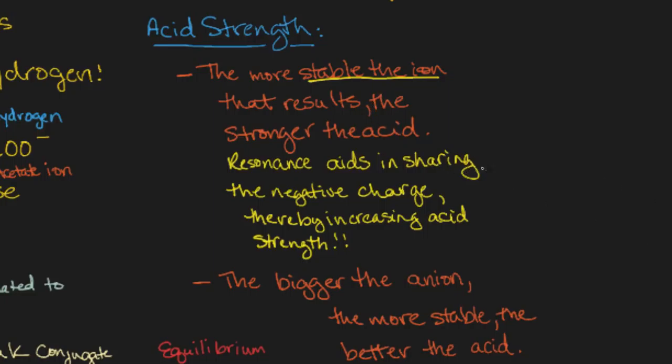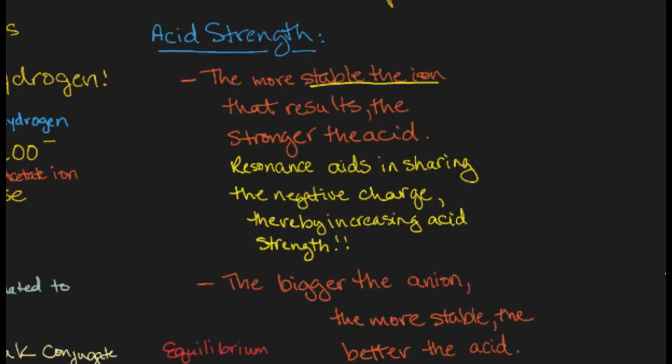That's why resonance aids a great deal in increasing acidity. What resonance does is it basically shares the burden of the charge among multiple atoms, or elements. So for instance, if you were to have something like this, this one has a -1 charge if you were to do the formal charges and the correct Lewis structure. And this one's neutral.